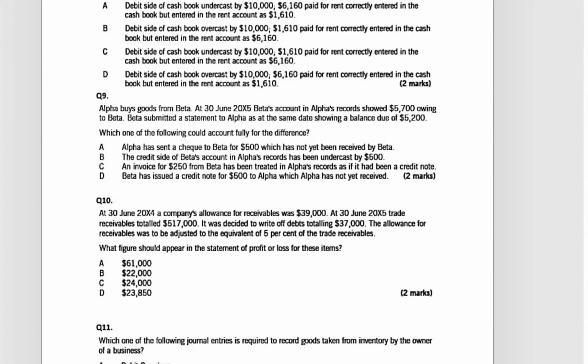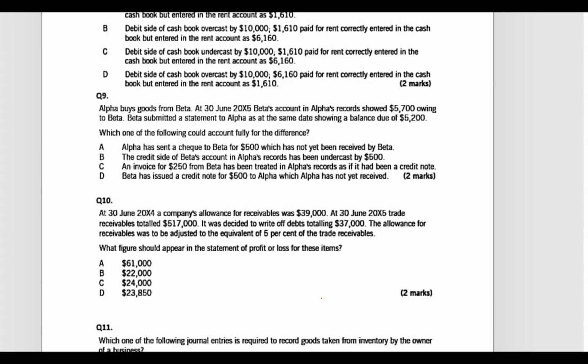Beta submitted a statement to Alpha as at the same date showing a balance due of 5,200. So me, I was thinking Beta has issued a credit note for 500 to Alpha, which Alpha has not yet received. Okay. Interesting.